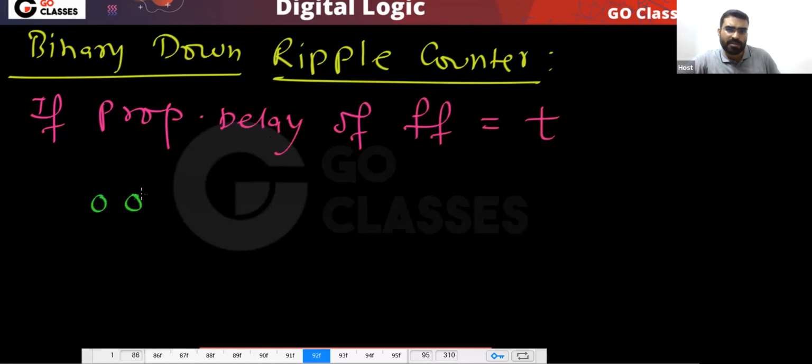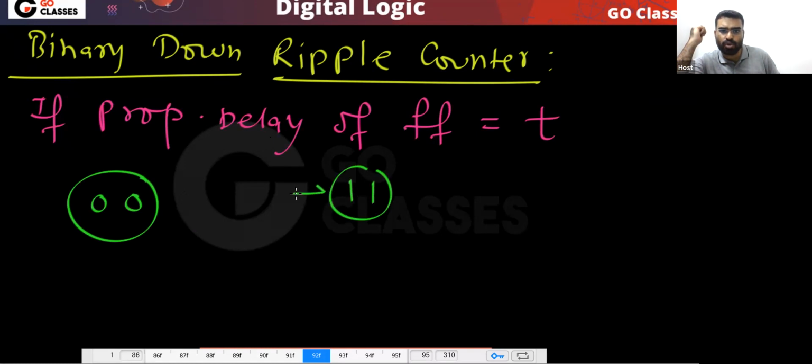See, from this state, where will you go, tell me? From this state, you should go to this state, but for a moment, you will go to this state. Why? The reason is first the LSB will change, and then the MSB will change.